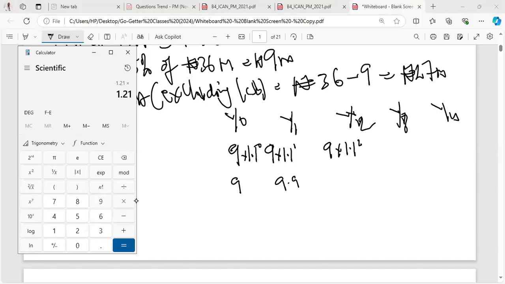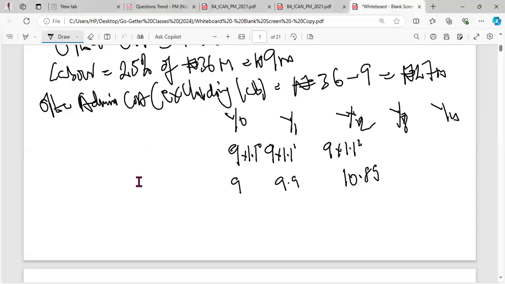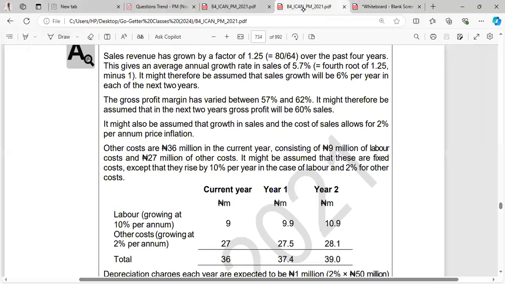You multiply it by 9, that gives you 10.89. That is what this is saying, 10.89.